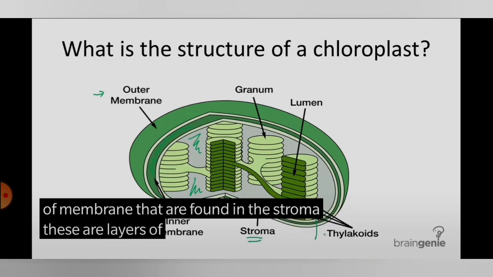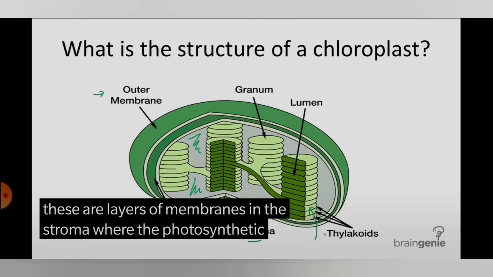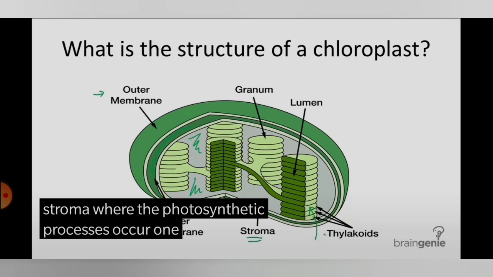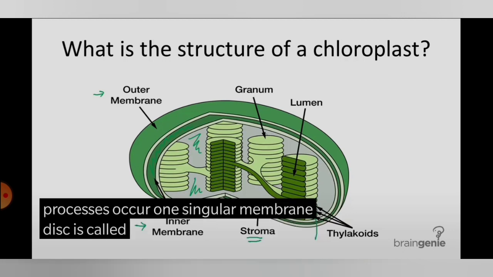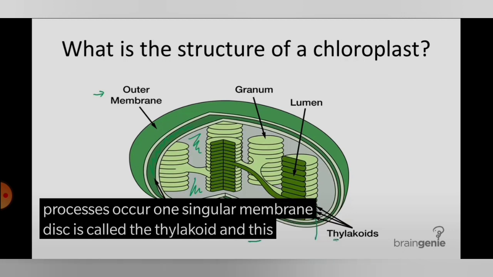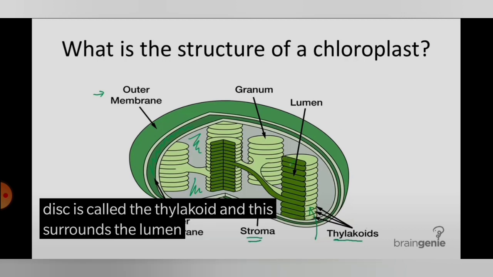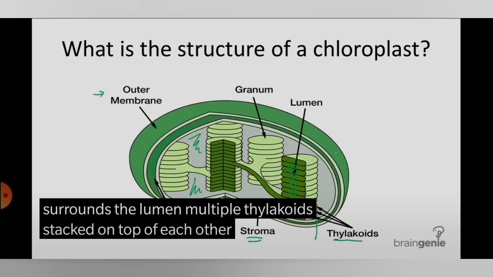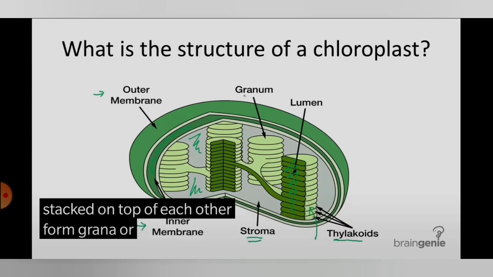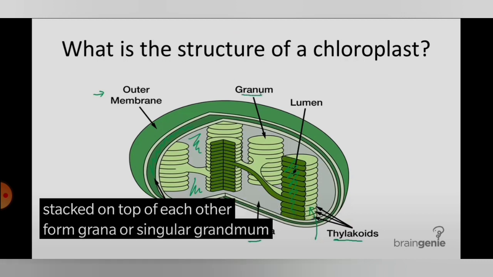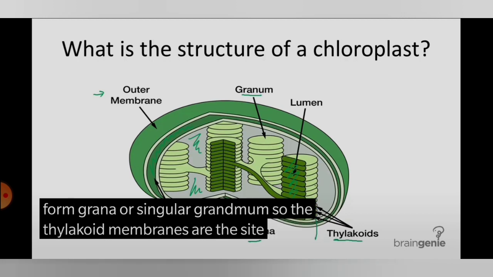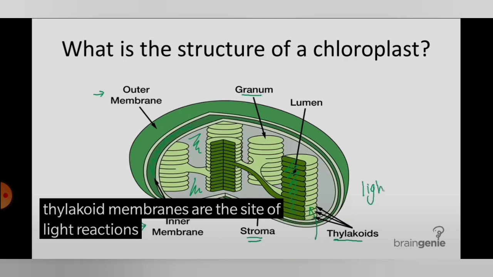One singular membrane disc is called a thylakoid, and this surrounds the lumen. Multiple thylakoids stacked on top of each other form grana, or singular, granum. The thylakoid membranes are the site of light reactions, whereas the stroma is the site for dark reaction.